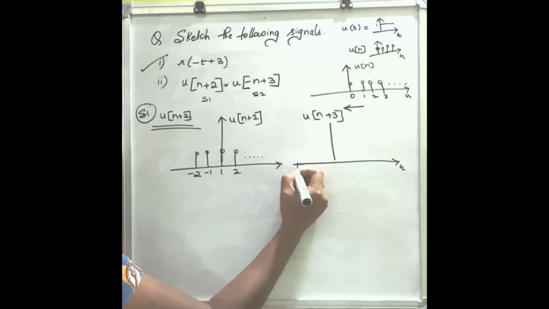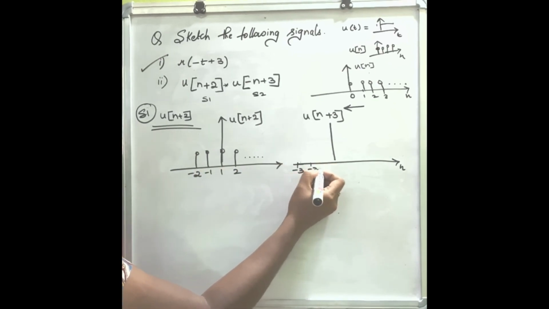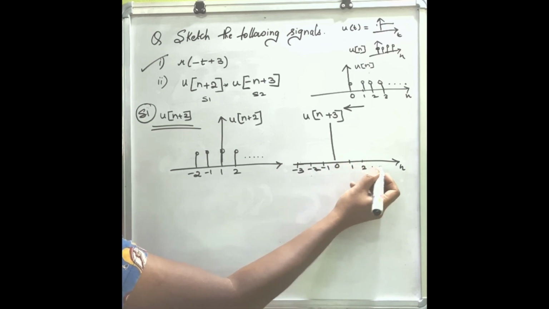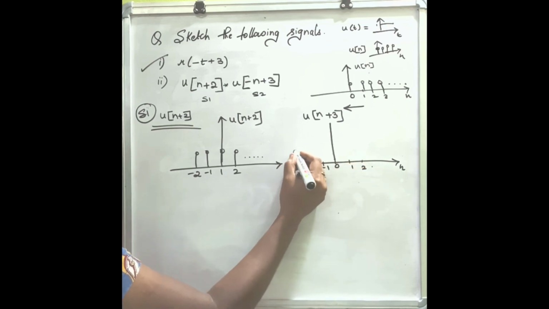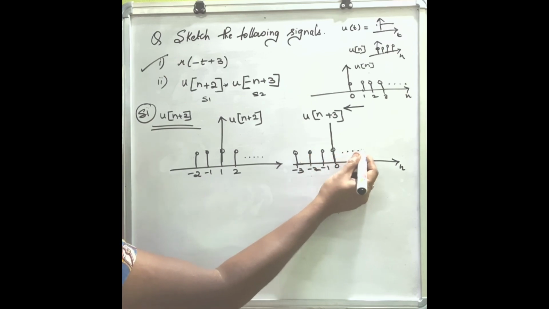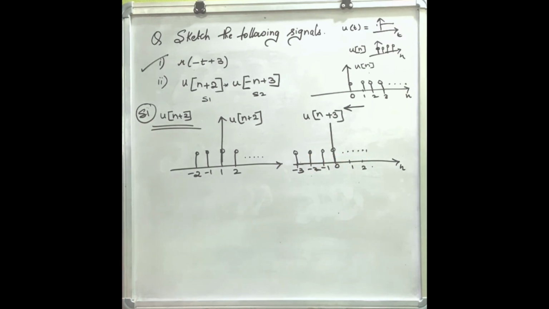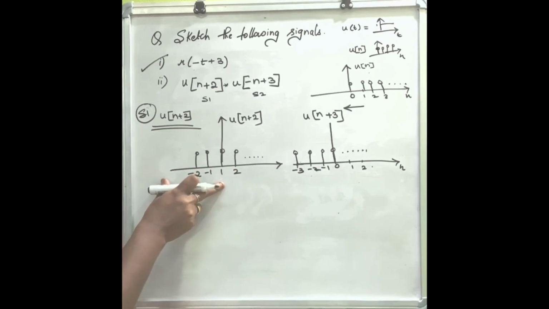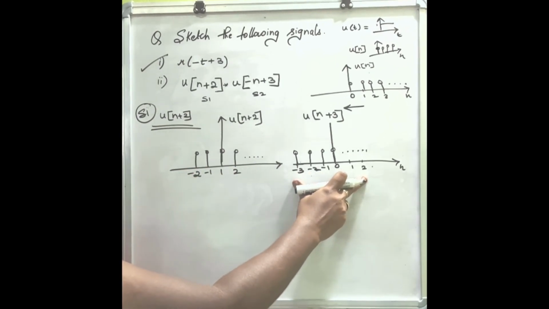Here we'll start with minus 3. Second instance, third instance and fourth instance. So this is u of n plus 3. It has been shifted to the left by 3. So advanced shifting.